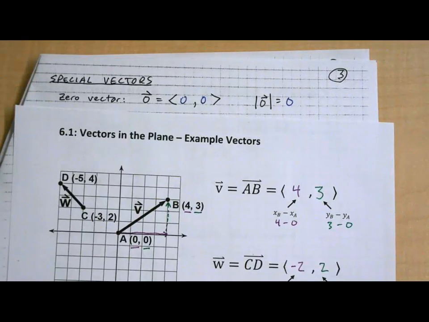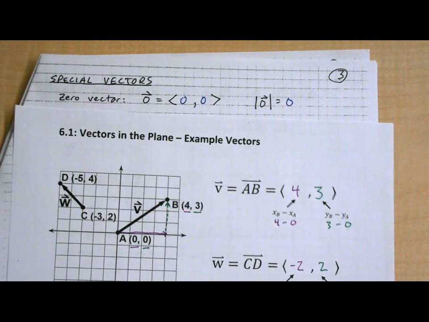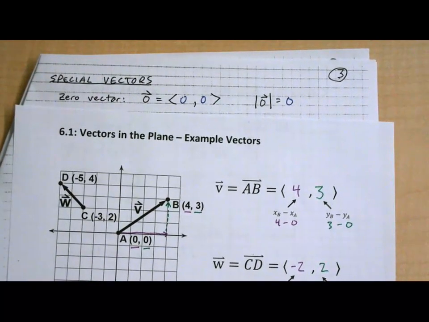There's another special class of vector. So this is not a specific individual vector like the 0 vector, but there are certain types of vectors that we call unit vectors. Now we've seen that word unit pop up quite a bit this semester. What was the context of unit?